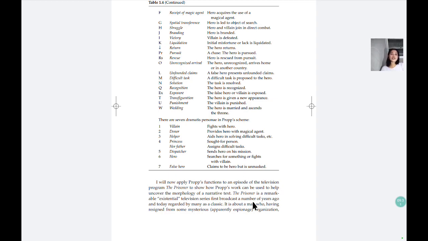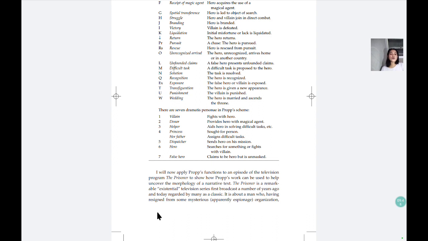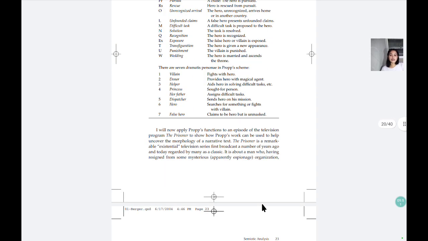The Prisoner is a remarkable existential television series, first broadcast a number of years ago and today regarded by many as a classic.